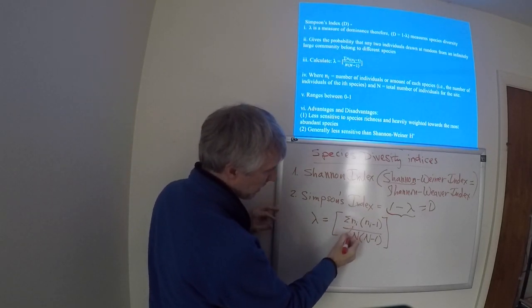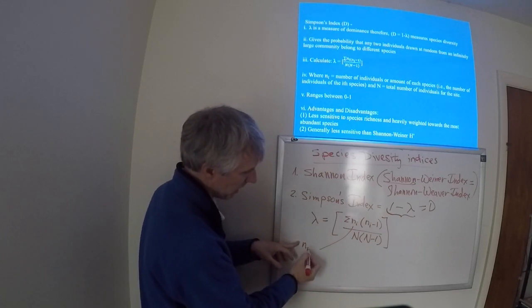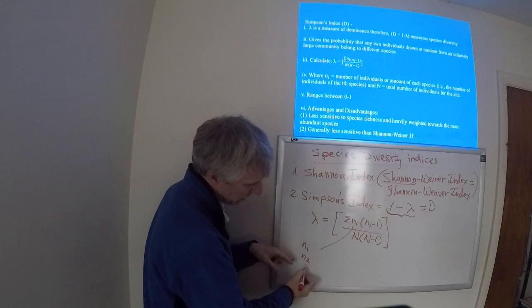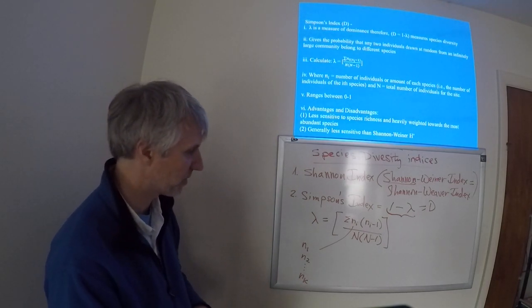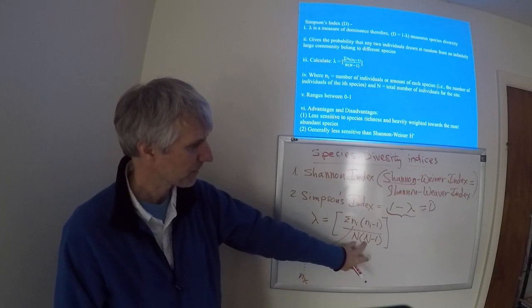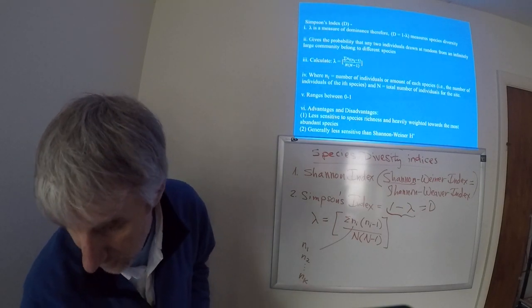And again, Ni is basically abundance for species 1, abundance for species 2, all the way up to the maximum number of species that I have in the population. Here, that's the total number of individuals in the population.